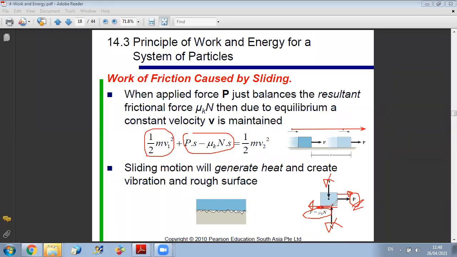Here, you can just say it's minus mu k N times S, or if you apply the rule of integration, which is the integral of F cosine theta ds.